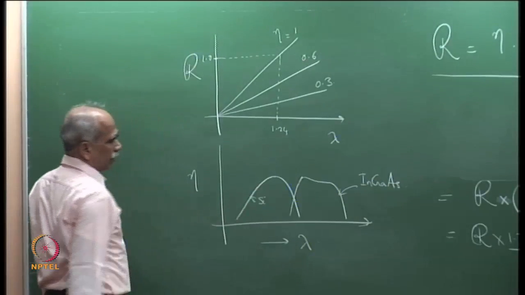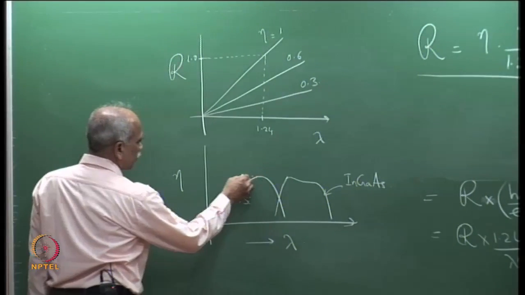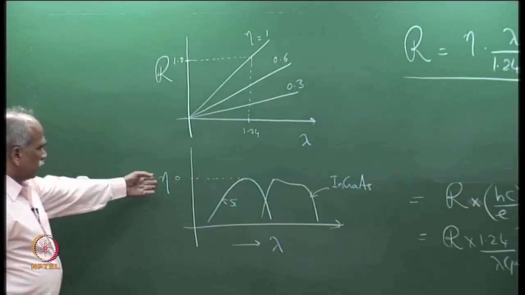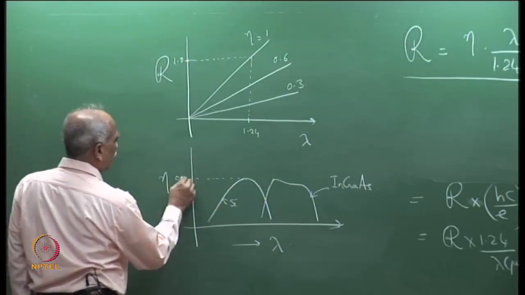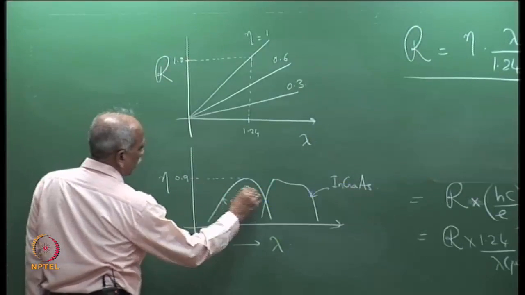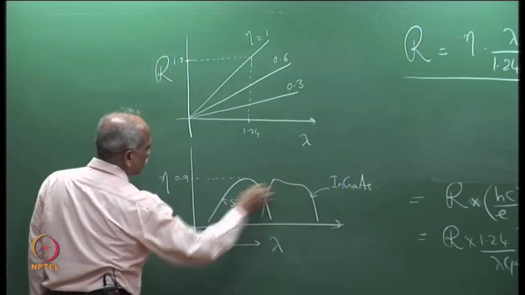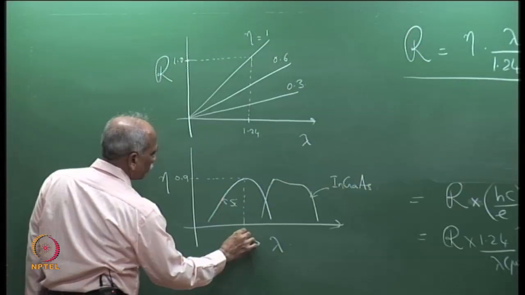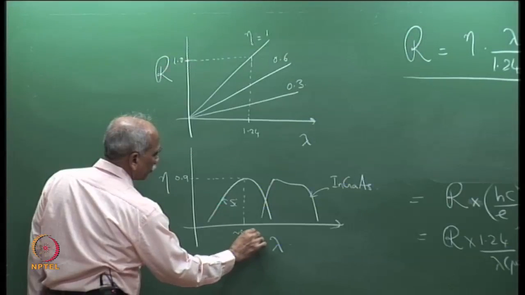The maximum quantum efficiency of silicon is about 0.9, and for indium gallium arsenide about 0.7 to 0.8, and this occurs around lambda nearly equal to 0.8 micrometer.